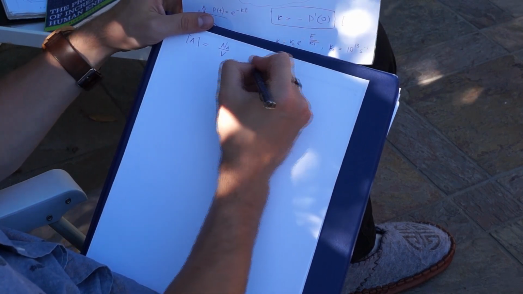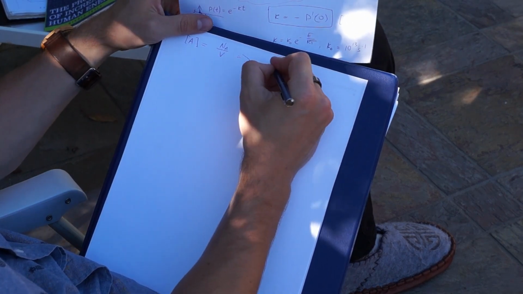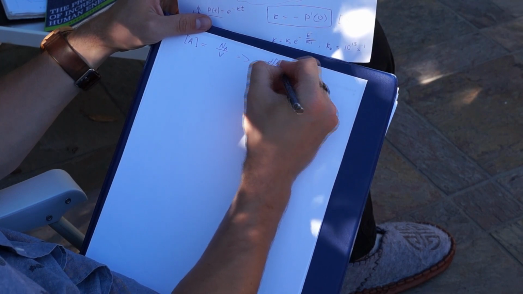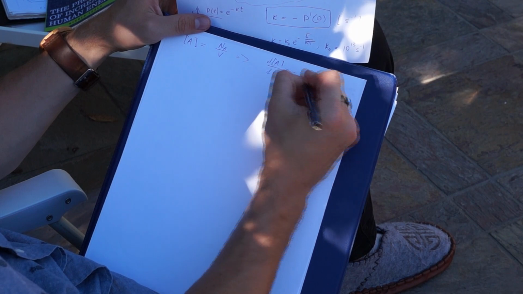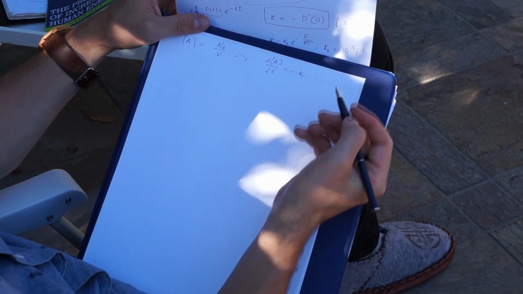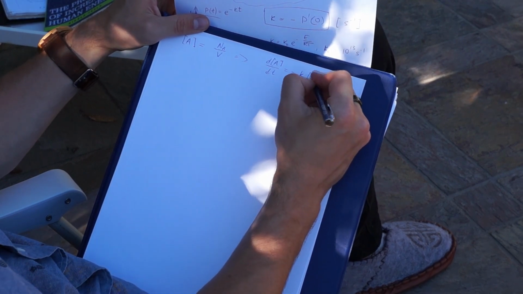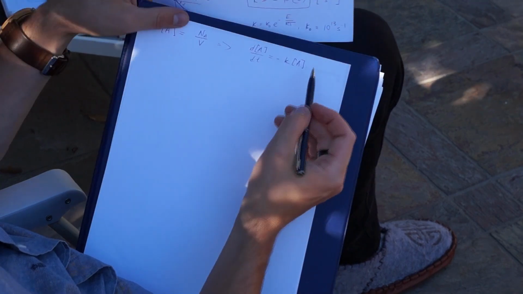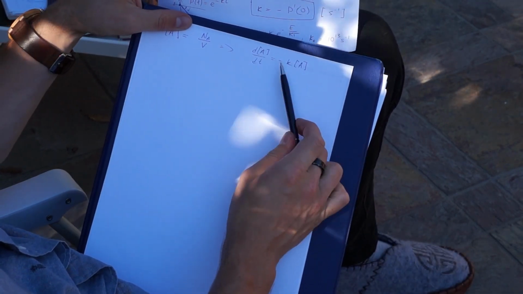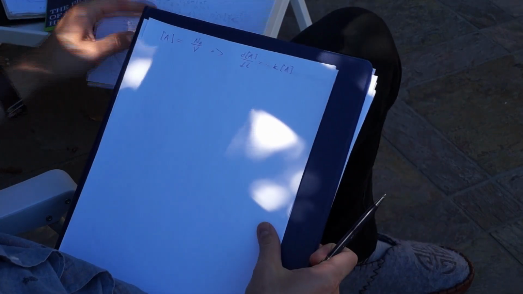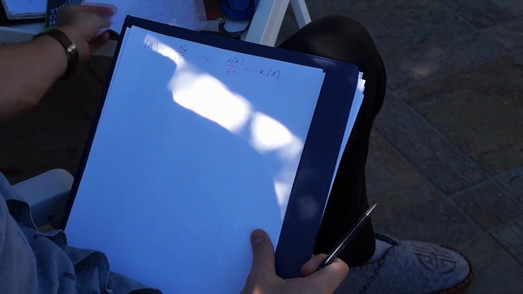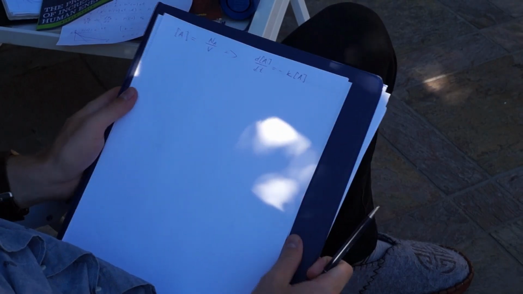You can see from here that you easily get our typical kinetic rate equation, where the change of the concentration of A is proportional to negative k, the rate of the reaction, times A, the concentration. So we derived how to write down kinetic equations for monomolecular reactions.